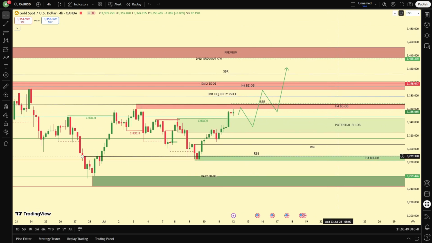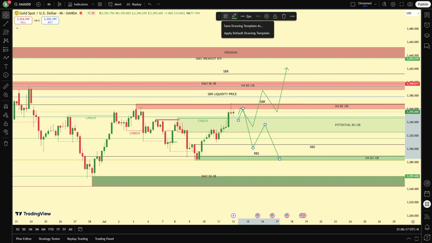Now let's say the price goes bearish. If the price goes bearish, it might still go to this level, and make another lower internal change of character, go into this level, and then go into our bearish order block over here.